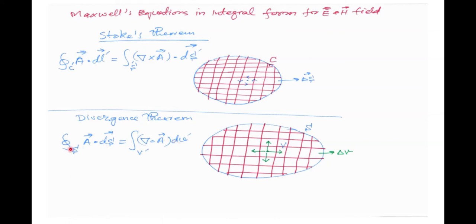Whenever you deal with the electromagnetic phenomenon in any volume, or when you want to do volumetric analysis, in that case we use divergence theorem to switch from closed surface integration to volume integration of the divergence of that vector field, or from volume integration of the divergence of that vector field to the surface integration of that vector field.